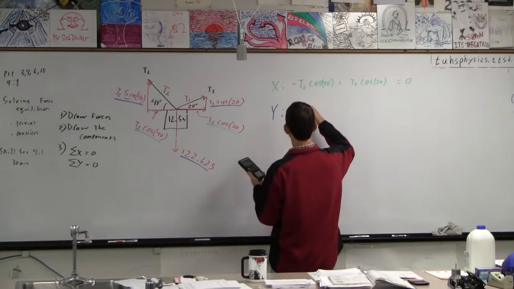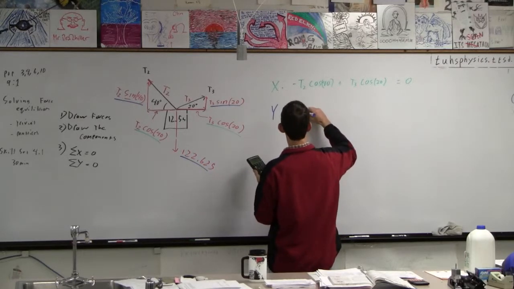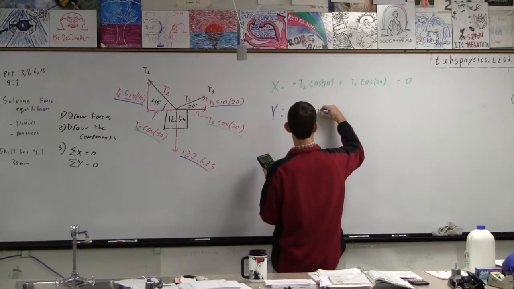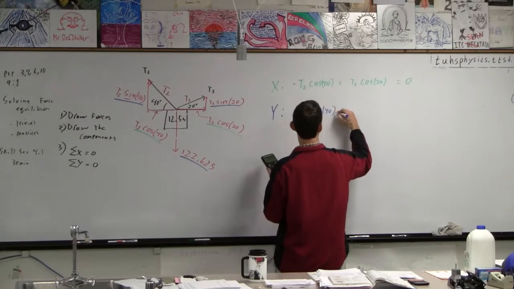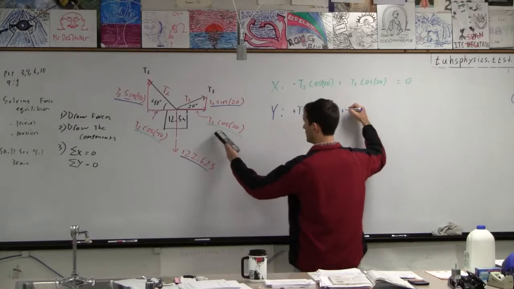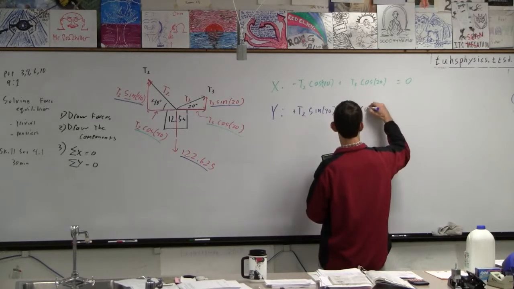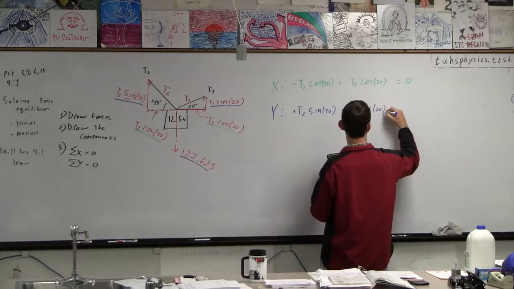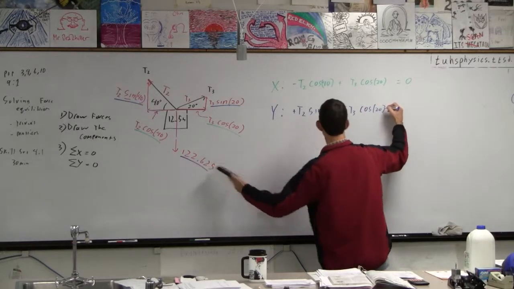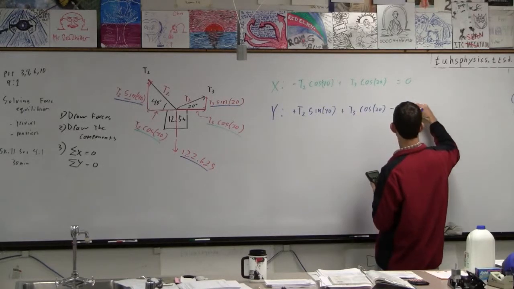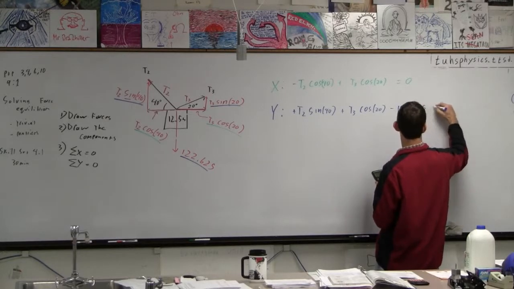Okay, so I'm going to go positive T2 sine 40 plus T3 cosine 20 minus 122.625.